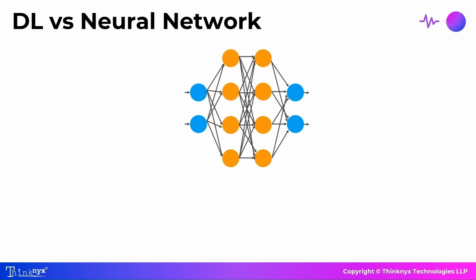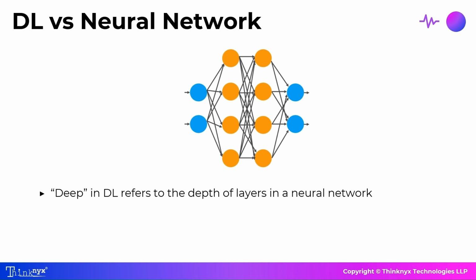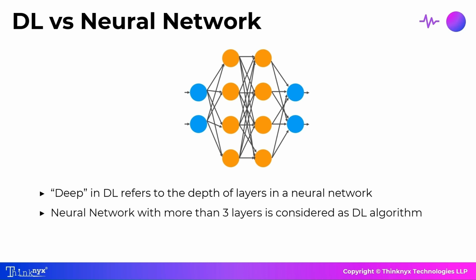Deep learning and neural networks are often used interchangeably, which can lead to confusion. However, it's important to understand that deep in deep learning simply refers to the depth of the layers in the neural network. A neural network with more than 3 layers, including the input and output layers, is considered a deep learning algorithm. And a neural network with only 2 or 3 layers is typically referred to as a basic neural network.